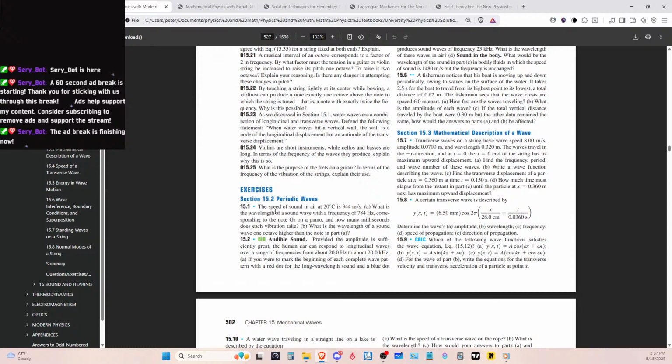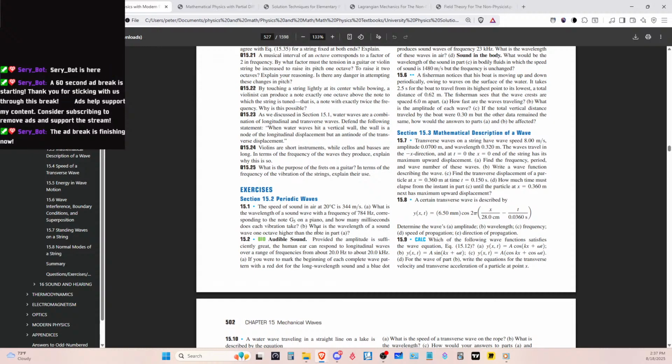The speed of sound in the air at 20 degrees Celsius is 344 meters per second. What is the wavelength of a sound wave with the frequency of 784 hertz, corresponding to the note G on the piano?